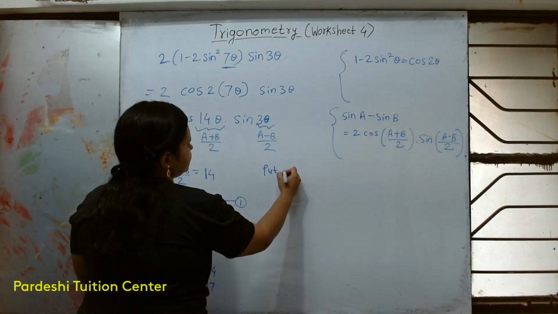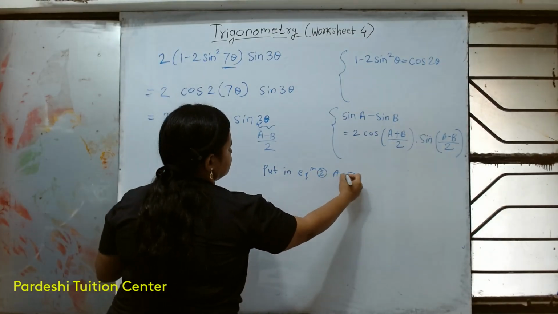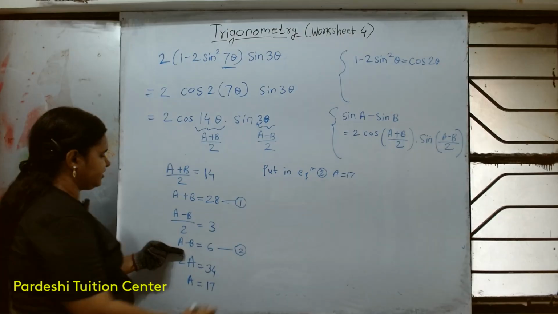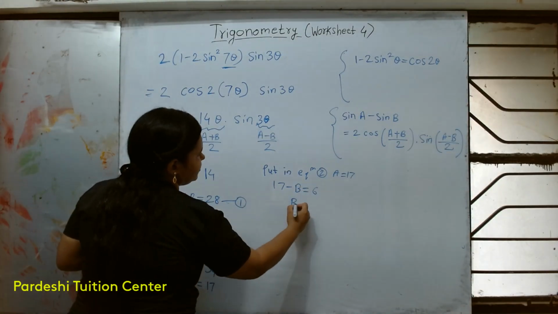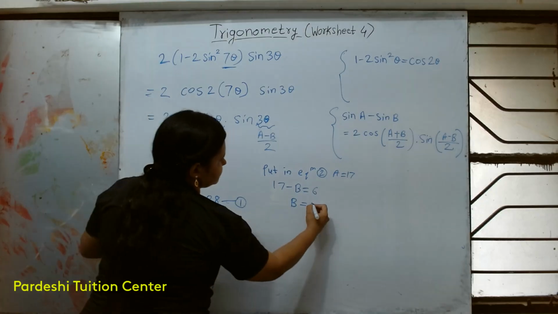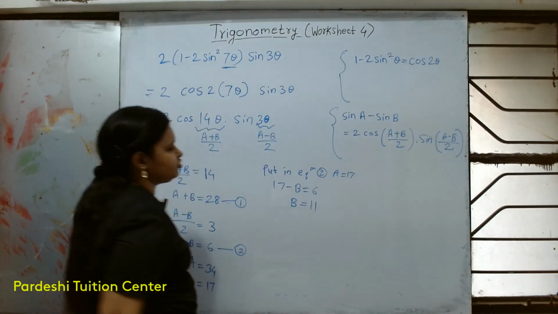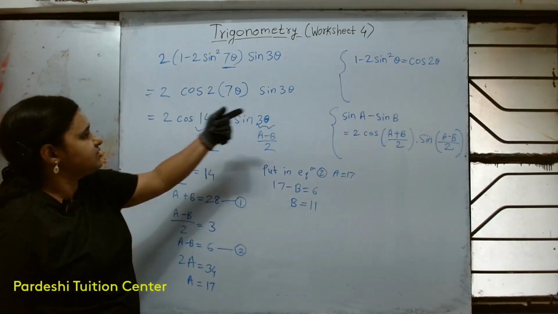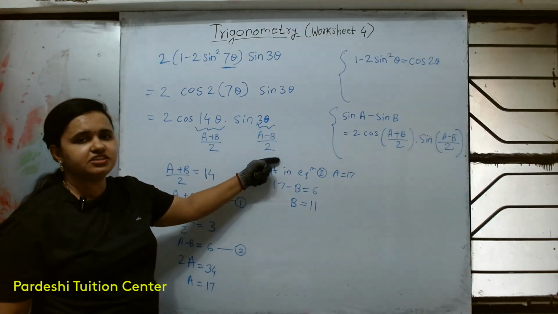If I put a equals 17 in equation 2, here it is a minus b, that is 17 minus b equals 6. So, b will be equal to 11, okay. So, we have just compared this with that formula 2 cos a plus b by 2 sin a minus b by 2.